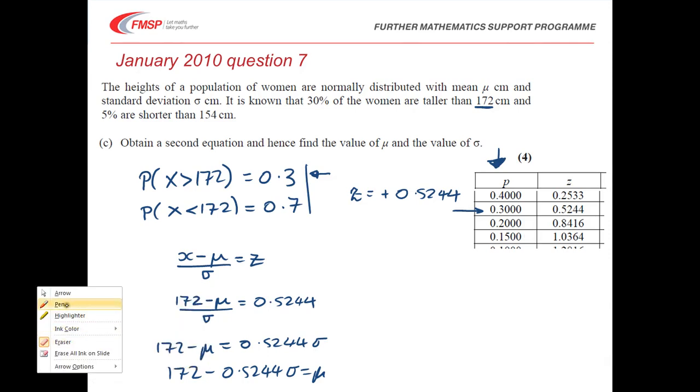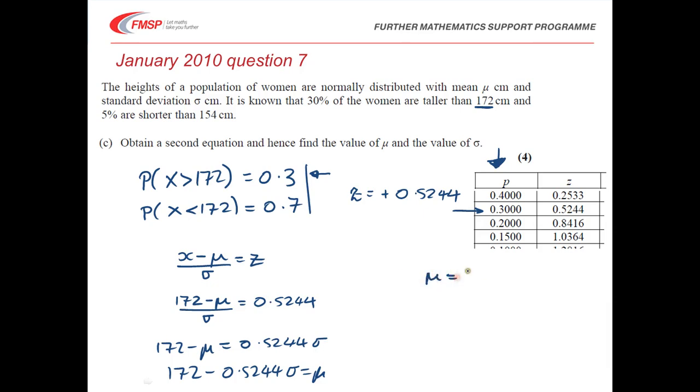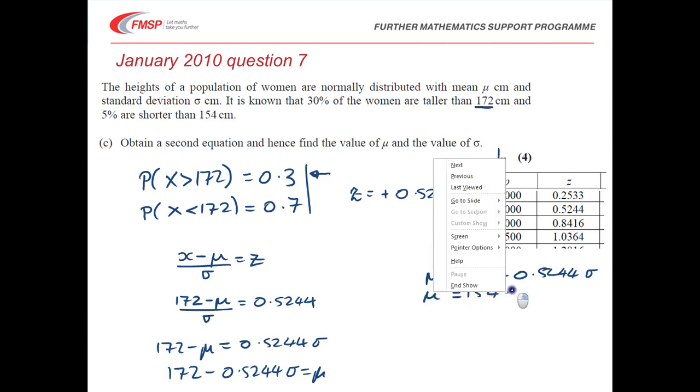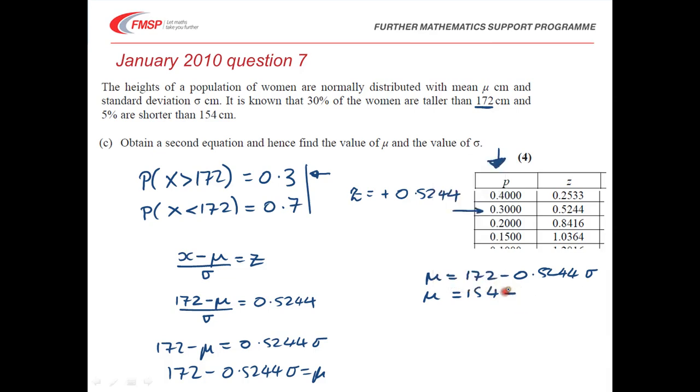But there's something rather nice that happens here that I want to make sure you're using. So we've got mu is equal to 172 minus 0.5244 sigma, and we're told also from previously that mu is equal to 154 plus 1.6449 sigma. So what you can do quite nicely, because you're always going to get mu, is you can actually just equate these to each other.